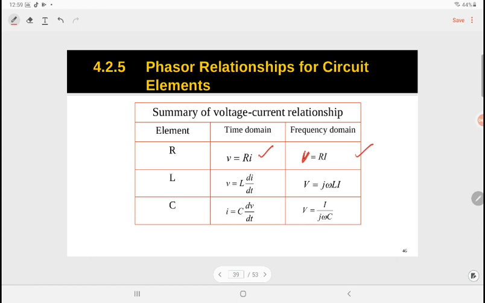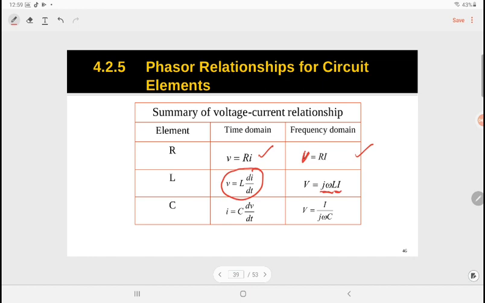For the inductor, v equal to L di over dt. And by using the formula, V can be represented in the frequency domain by V equal to j omega L I.